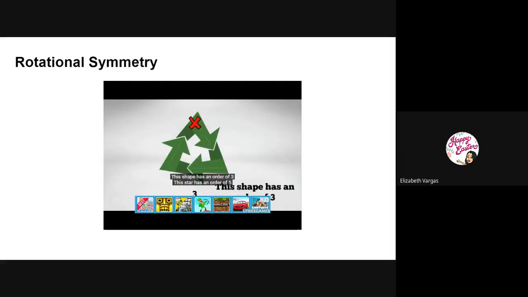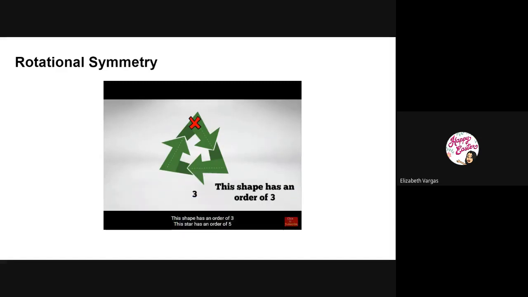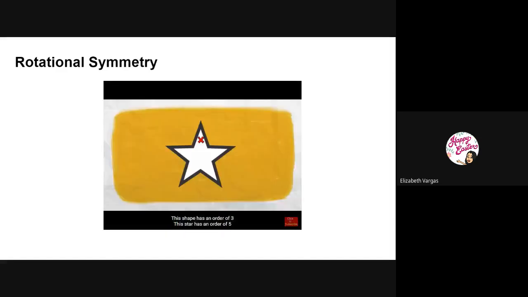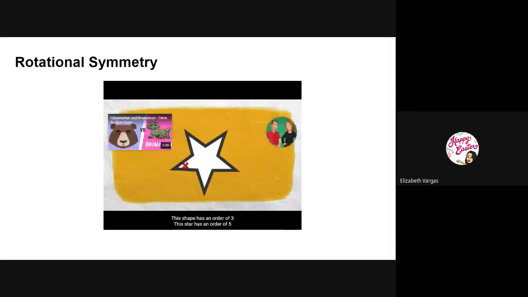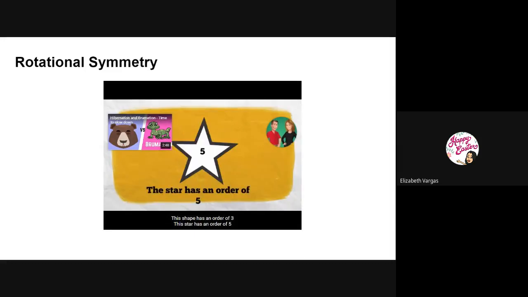This shape has an order of 3. This star has an order of 5.